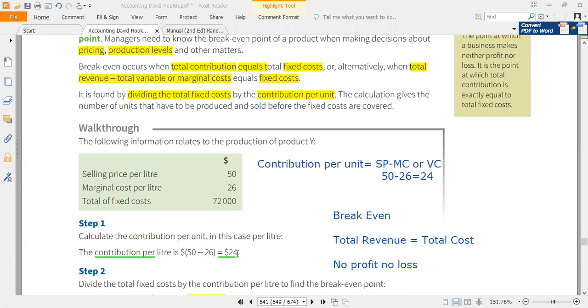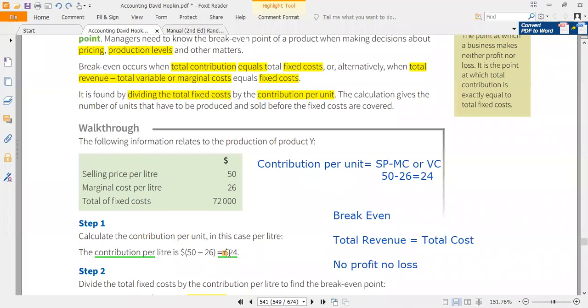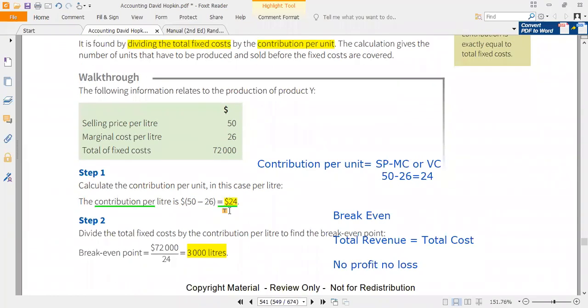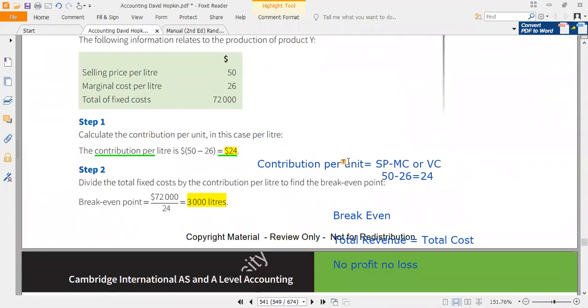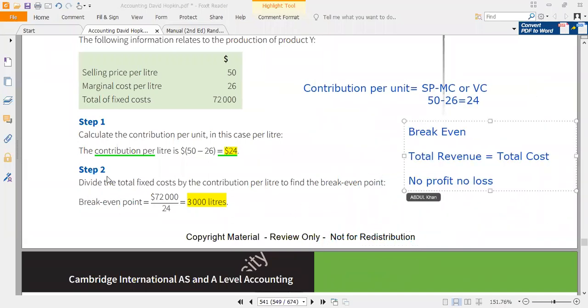You can see here 24, the same. Contribution is 50 minus 26, as written here. Then the next step is simply to divide the fixed cost by the contribution per unit.